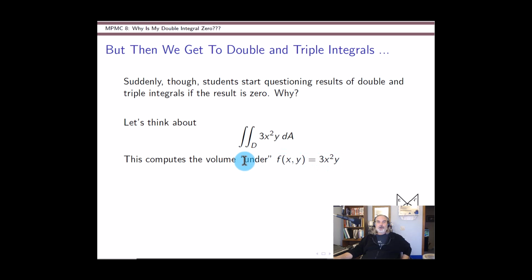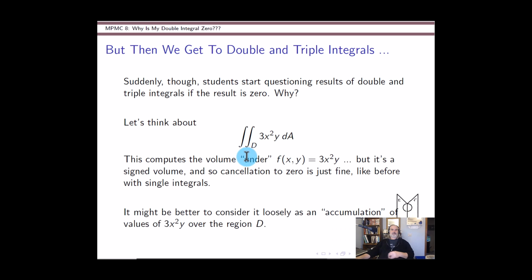And under, I'm emphasizing with the stupid rabbit ears, because if the value of the function is positive and this surface is above the xy plane, then that value comes back as a positive number. But if that surface goes below the xy plane, the value that you're calculating for that contribution to the overall volume comes back as negative, just like in the single variable case, okay?